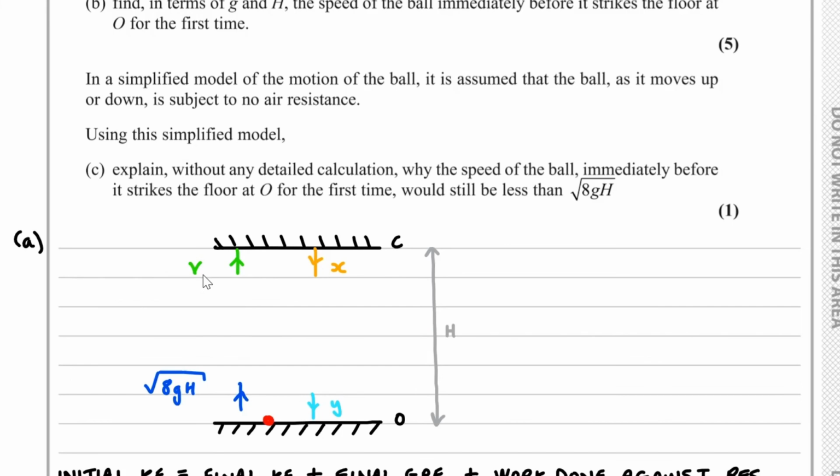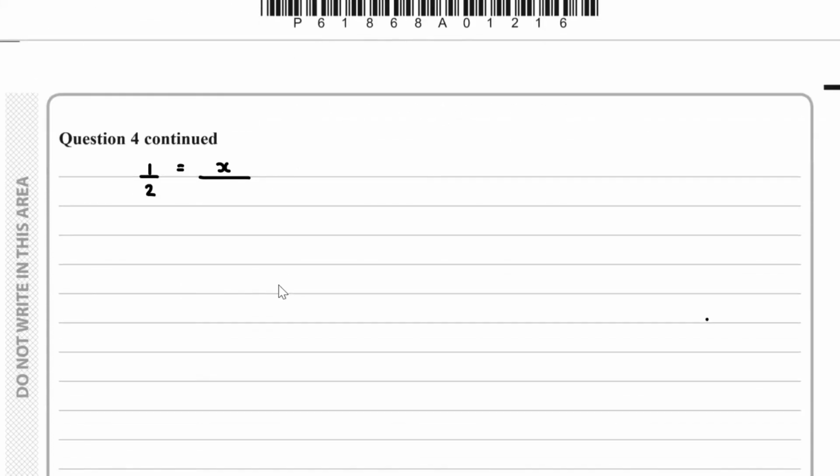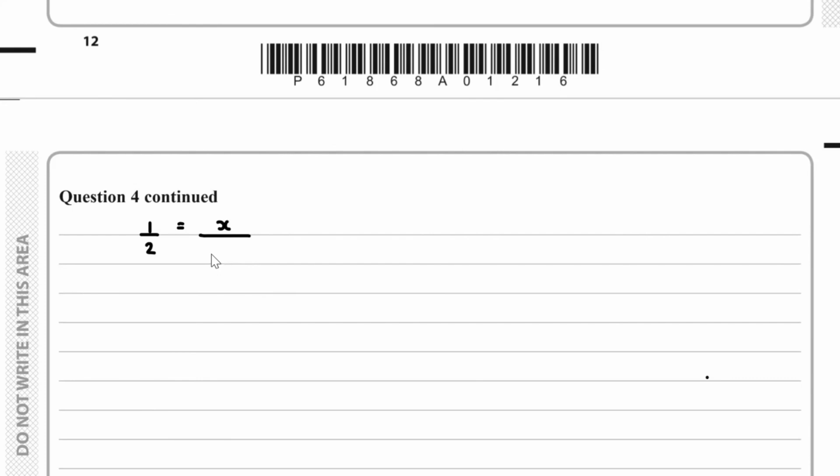It's approaching the ceiling with speed v. V we found to be square root 5gh. So here we've got 5gh square rooted. And x is equal to 1/2 times by 5gh square rooted.